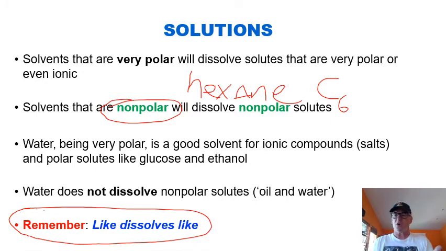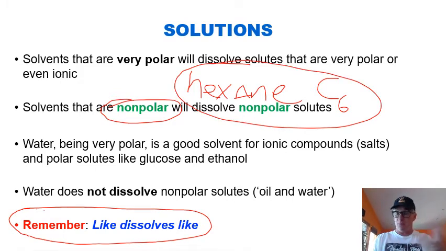So what sort of solutes would dissolve in a nonpolar solvent? Other nonpolar solutes. So if I was to take, say, candle wax, we talked about candle wax, or paraffin, being a very large hydrophobic molecule, if I was to put that in hexane, it would dissolve.